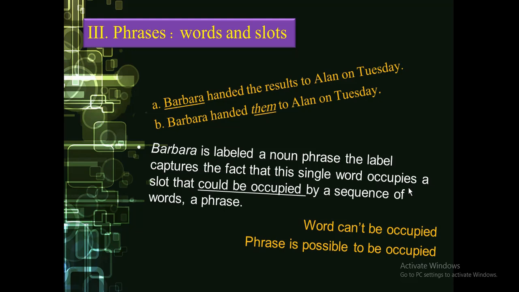This is the answer: a phrase can be occupied by others, and a word cannot be. Barbara can be occupied by the girl with the red dress, for example, and them can be occupied by the results, or the good result, or the perfect good result, the results that make her confused. It can be occupied like that. It is a phrase, but words cannot be occupied. Okay, so you understand this.